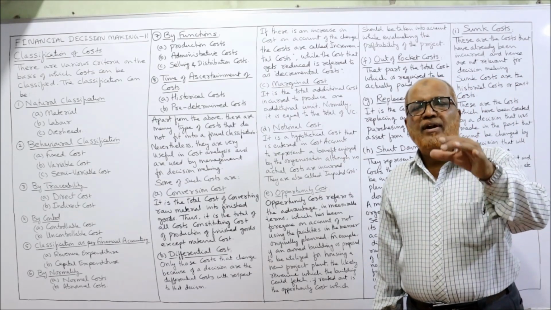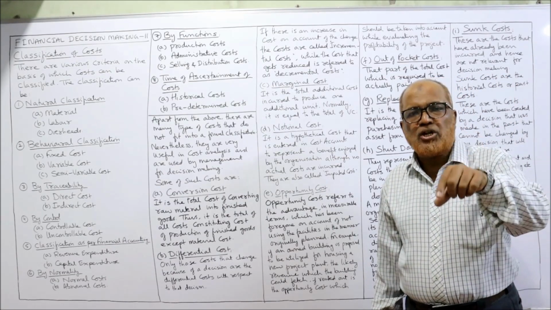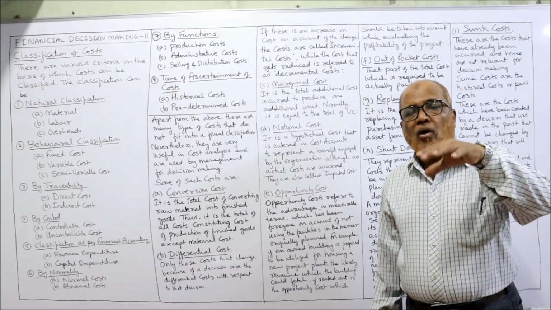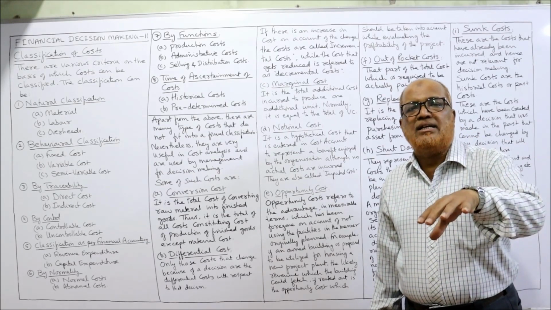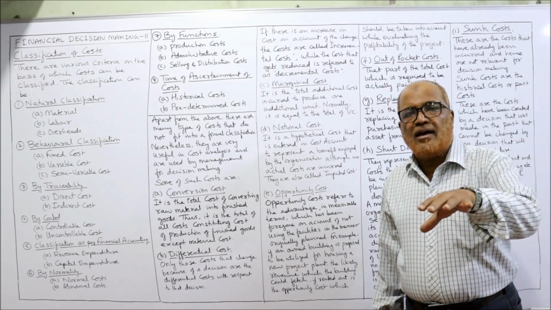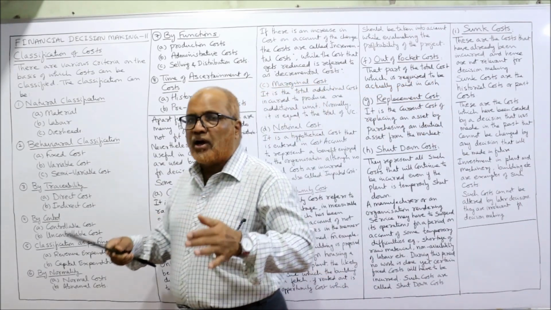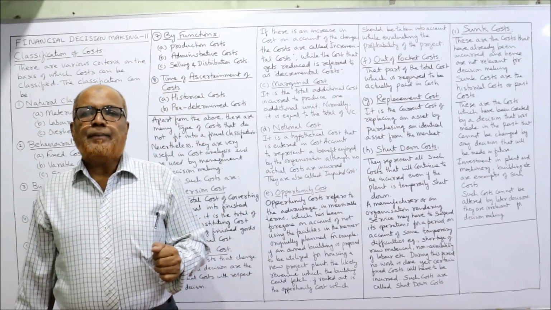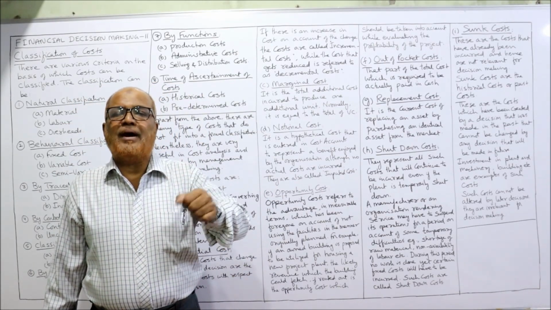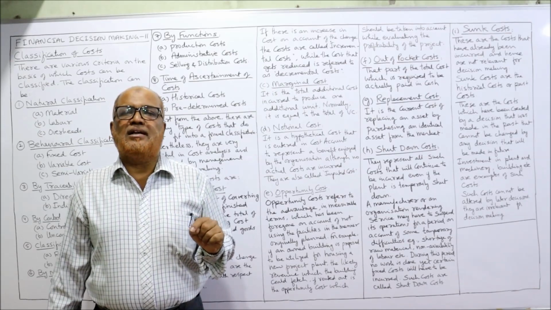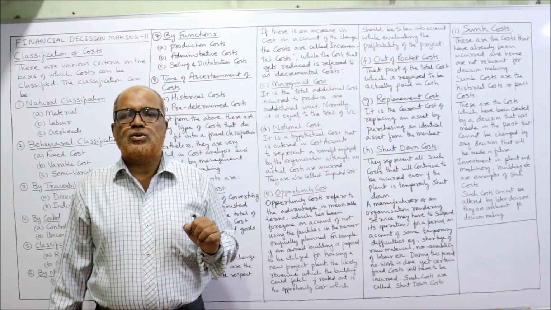That means the benefit foregone in measurable terms by not utilizing the facilities which are there for our benefit. There are some facilities which we are not using. That means the benefit foregone by not using those facilities is called opportunity cost.